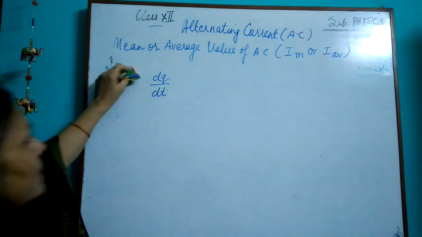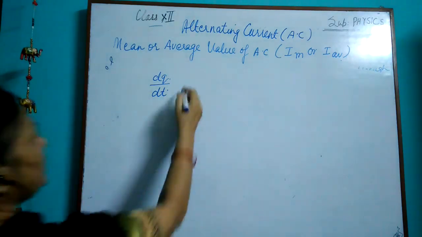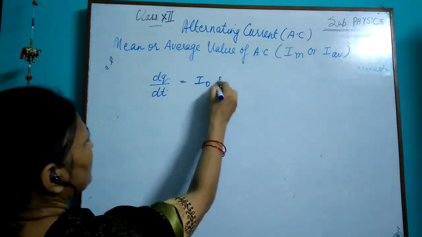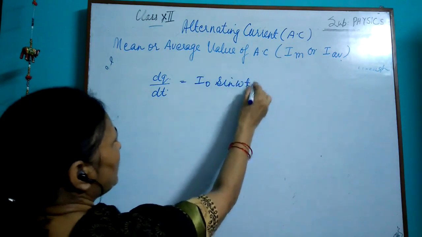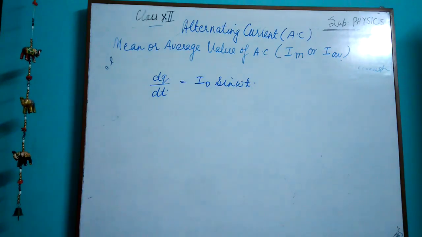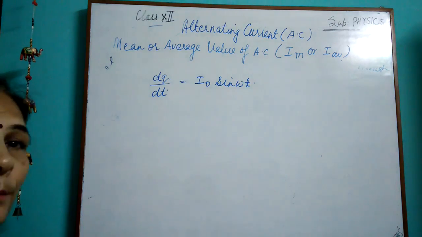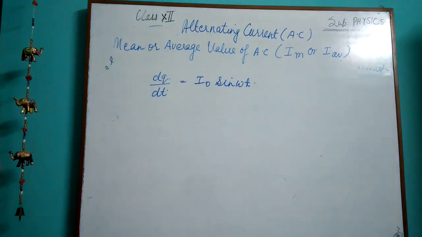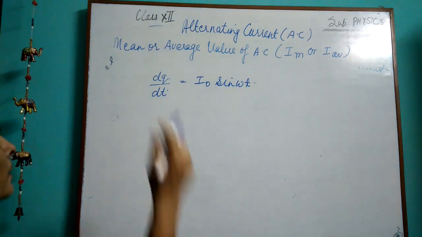So now since this I is variable, dQ by dt is equal to I naught sine omega T. I want to find out the number of charges flowing during the time 0 to T by 2.